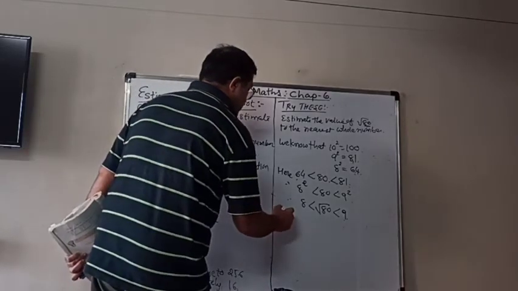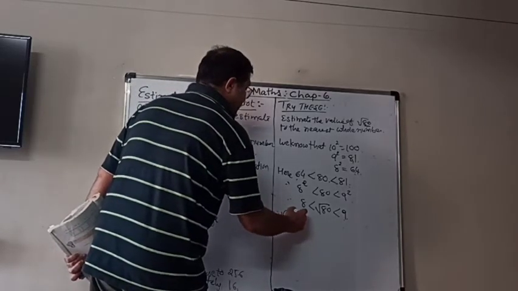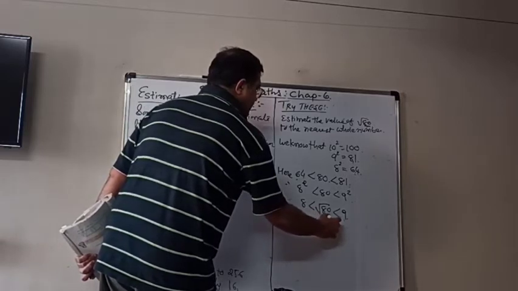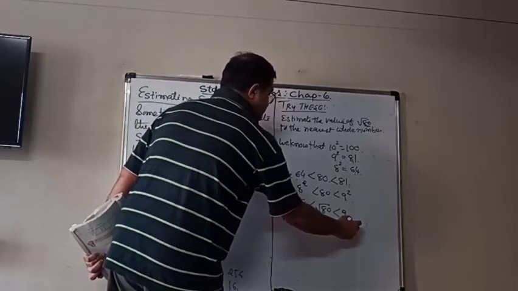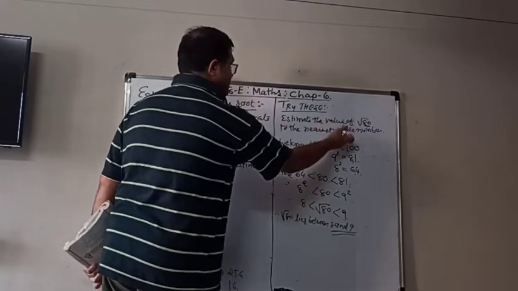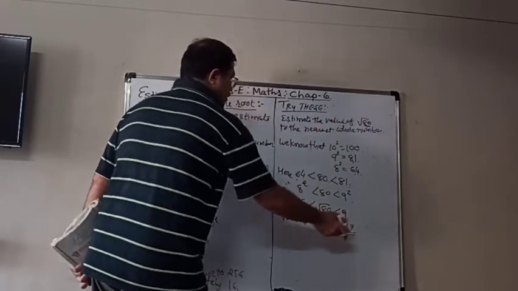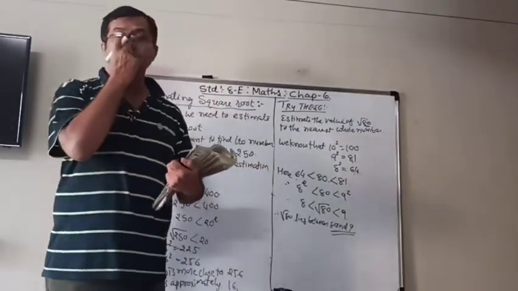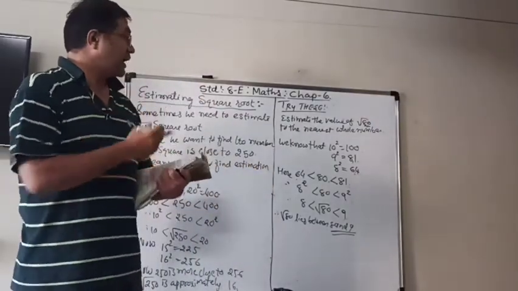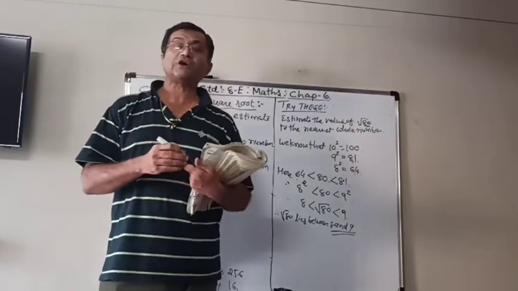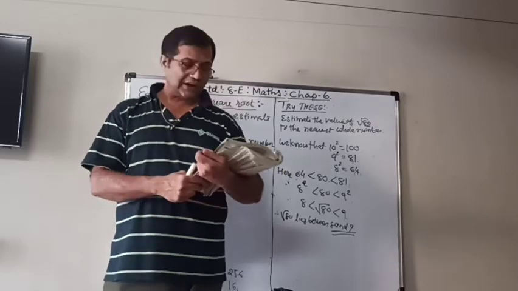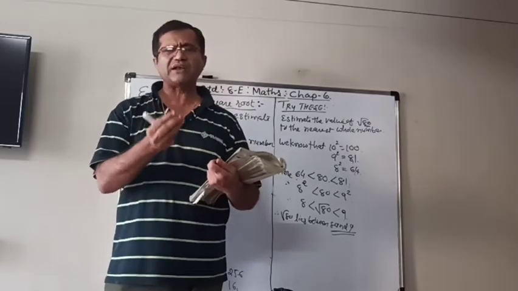Therefore, the square root of 80 lies between 8 and 9. So the nearest whole number will be either 8 or nearest to 9. The other examples of Try This you will do for yourself as homework, because it is very simple.